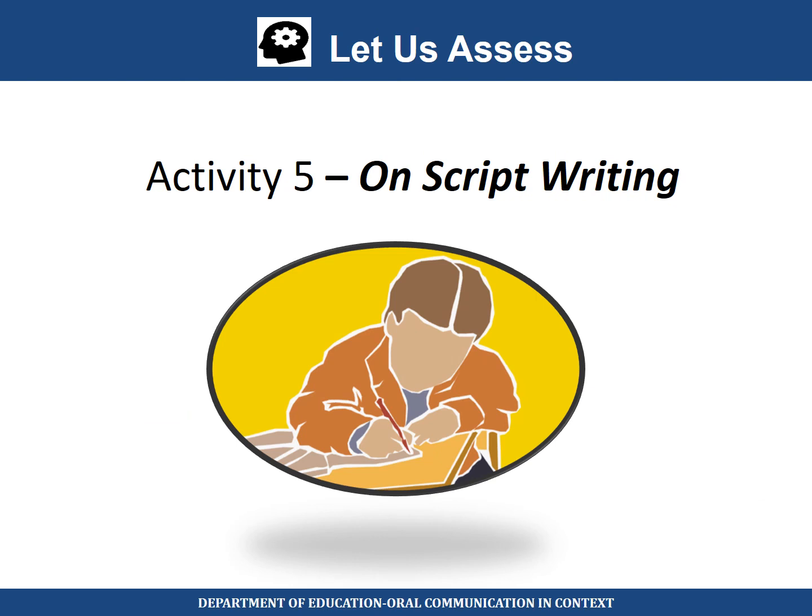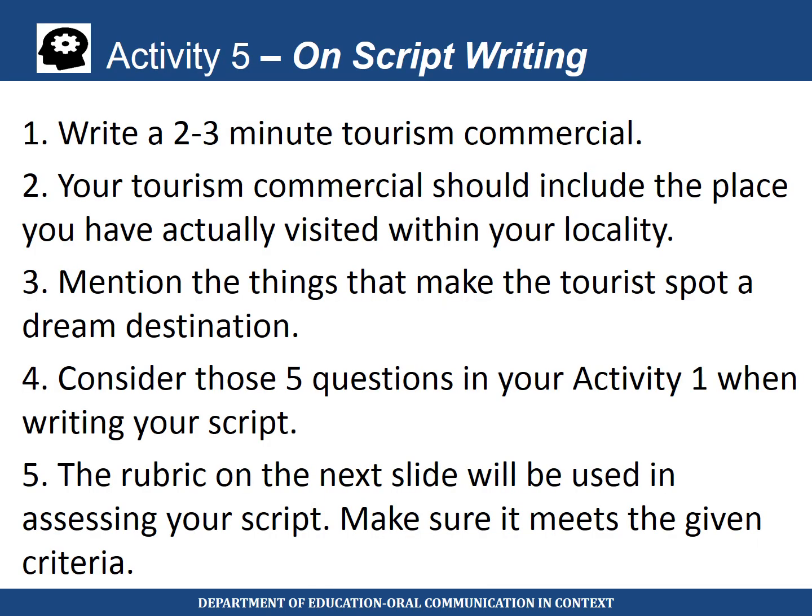Let us assess. Activity 5 on script writing. First, write a 2 to 3 minute tourism commercial. Second, your tourism commercial should include the place you have actually visited within your locality.